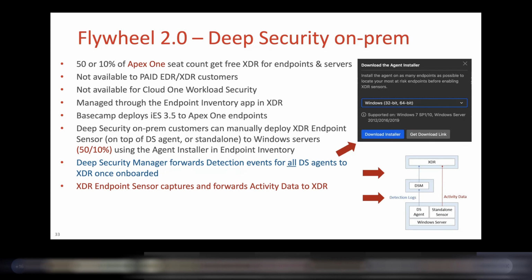When you have a Deep Security on-prem user with Deep Security 20 Update 2, this customer automatically gets Flywheel XDR access for 50 servers or 10% of the Apex One seat count, as we had in the XDR for endpoints.